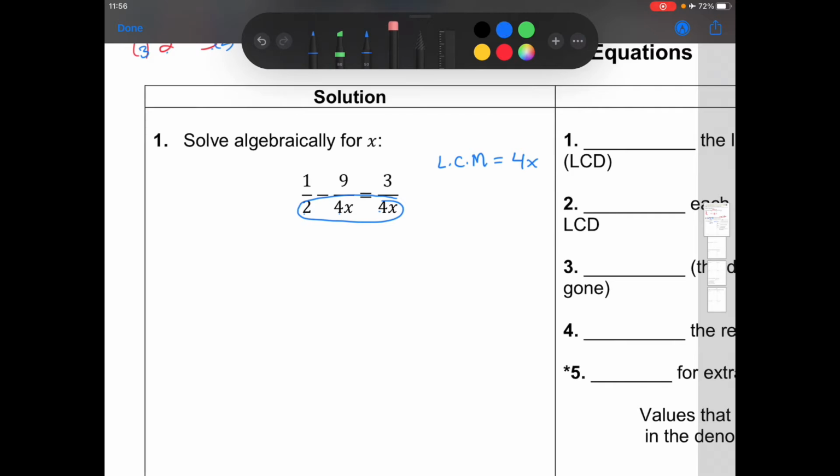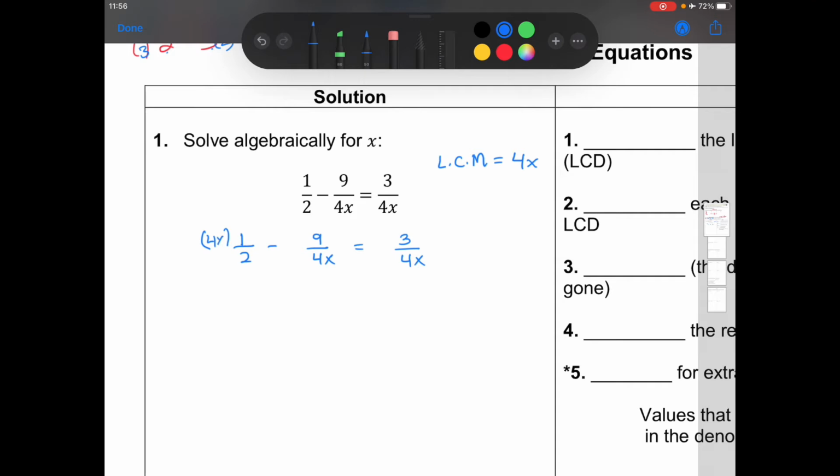So now I'm just going to erase this, and I'm going to actually rewrite this question. 1/2 with a little space in there for 9 over 4x equals 3 over 4x. So your LCM is 4x. Then you're going to take your LCM and multiply each of the terms by your LCM.